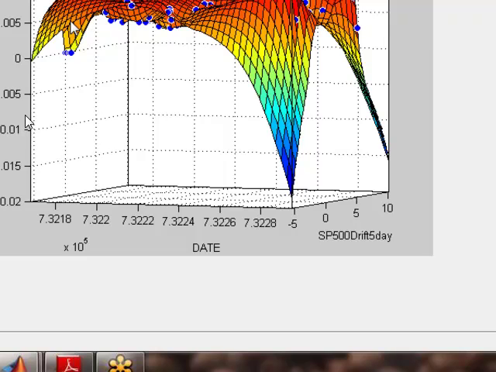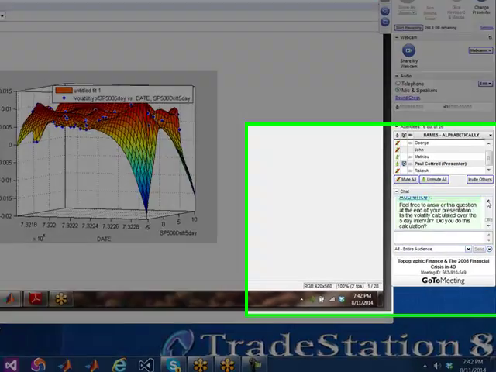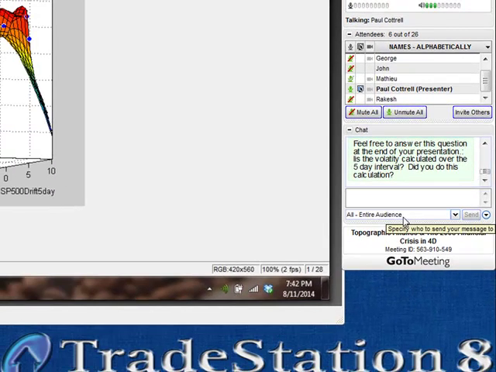So about 10 years worth of S&P daily data in a 90-day window, surface parameterized window, with a moving average of 5 days for volatility and for drift. And I'm going to set the frame rate. I want to make sure it's at 2. I think I set it at 2.